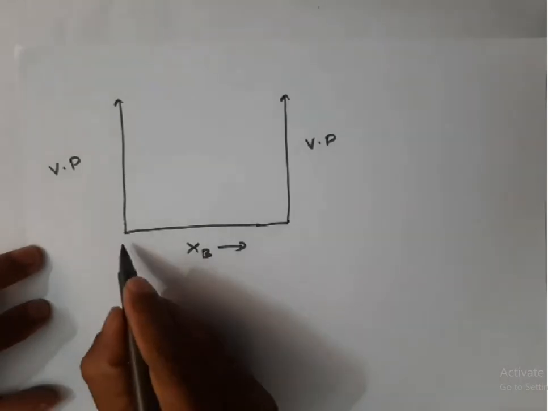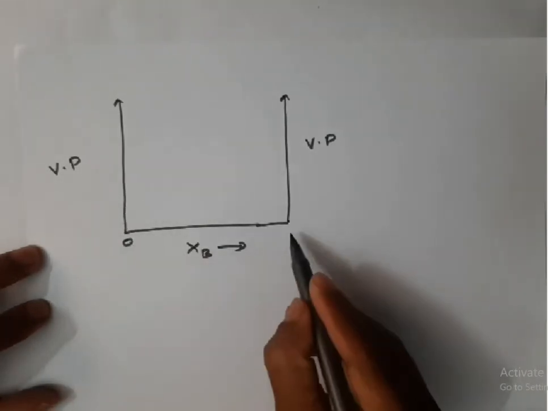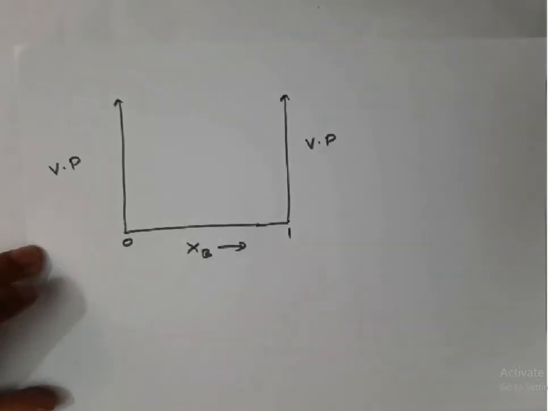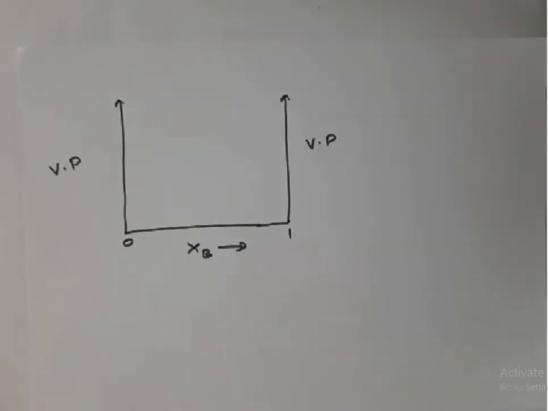So here mole fraction of B is 0, here mole fraction of B is 1. You know very well, for mole fraction the lowest possible value is 0, highest possible value is 1.